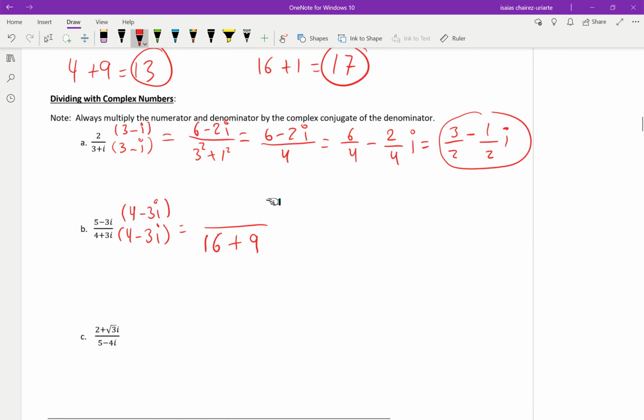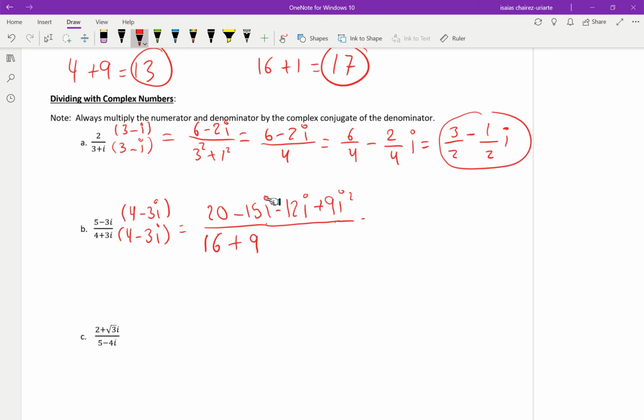And my numerator is a little bit more complicated. I guess that's 20 minus 15i minus 12i plus 9. No, minus 9. So plus 9i squared, I'm going to say plus 9i squared.